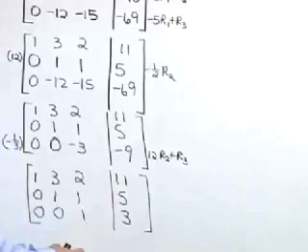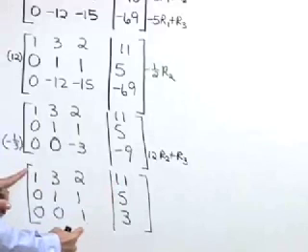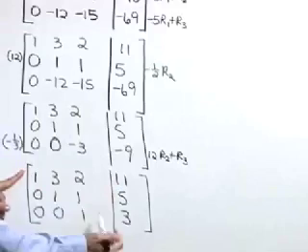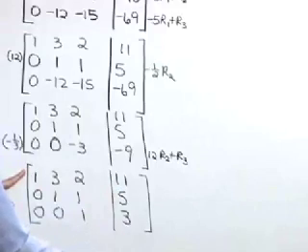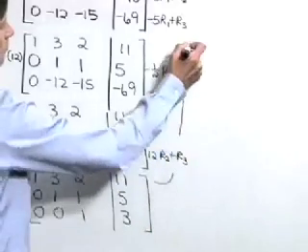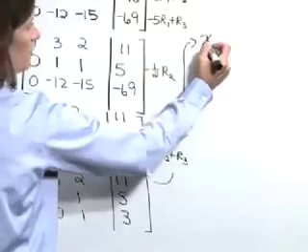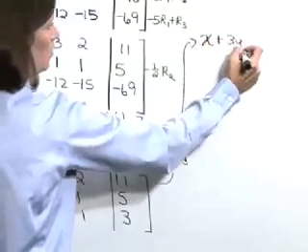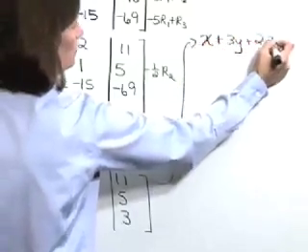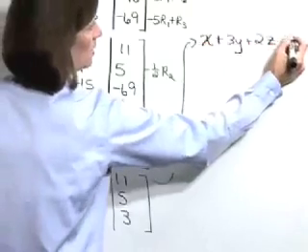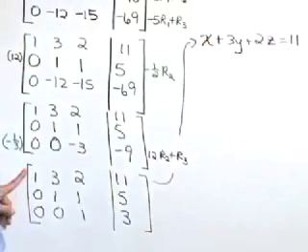So let's take this matrix now and reproduce equations from it. This first line, as we write it now back in equation form, becomes x plus 3y plus 2z is equal to 11.